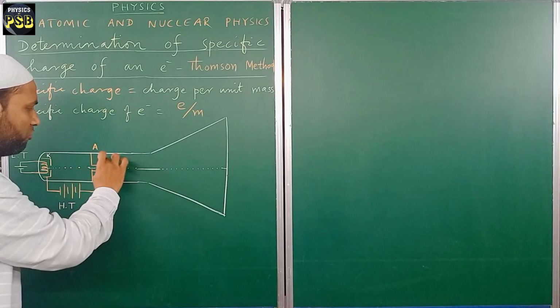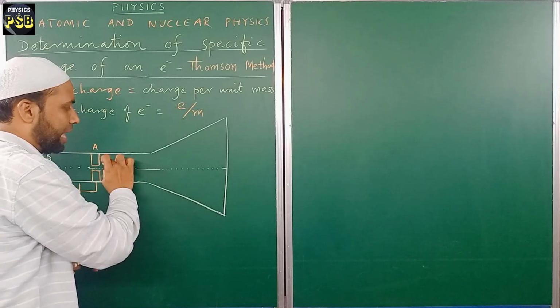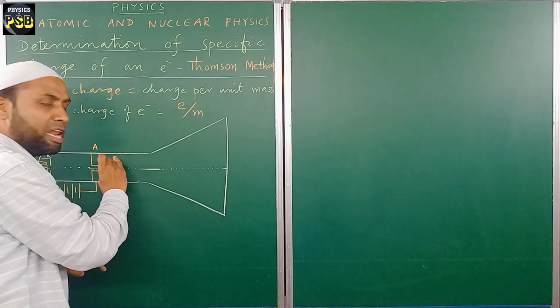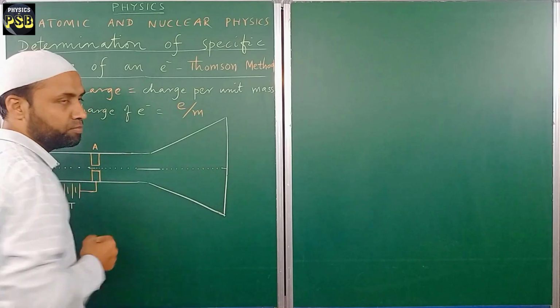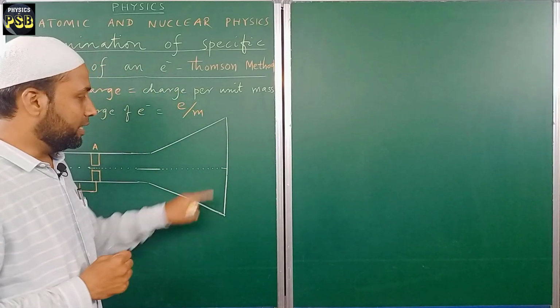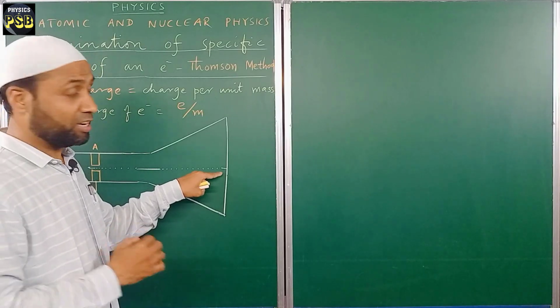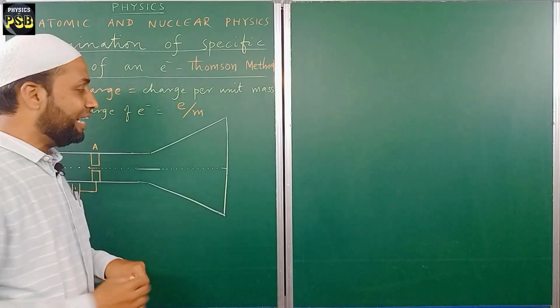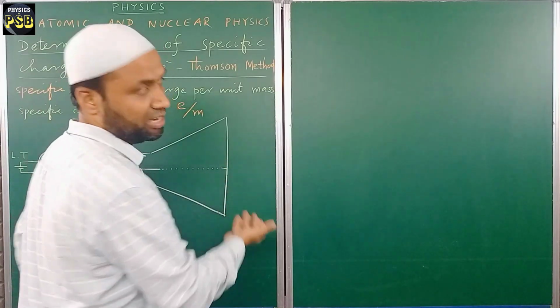As a result, we get a fine cathode ray or fine electron beam, which is made to fall on this end. Due to scintillation effect, it produces a light spot that can be observed from outside.